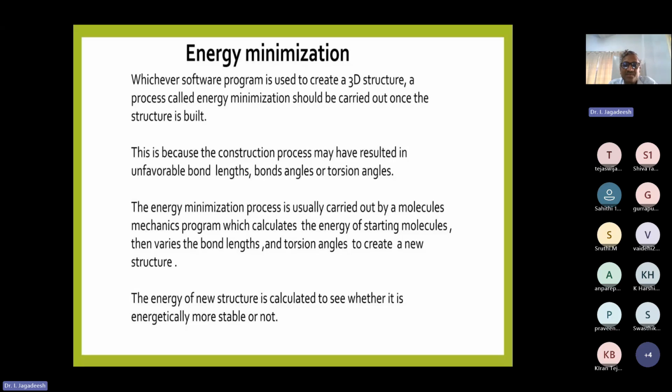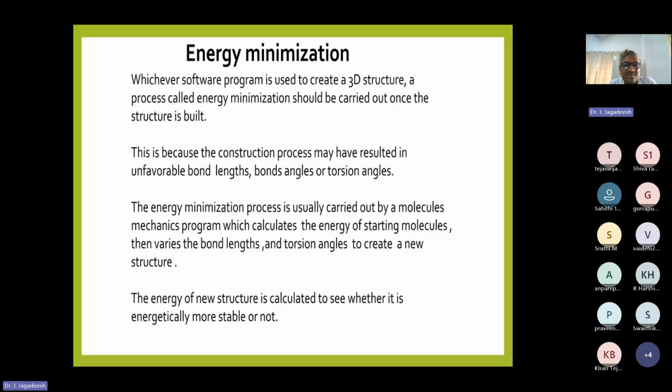The energy minimization process is usually carried out by a molecular mechanics program, which calculates the energy of a starting material. It has some energy state. Then it varies the bond lengths and torsion angles to create a new structure having minimum energy without modifying the basic atoms in the molecule. That is one type of energy minimization.